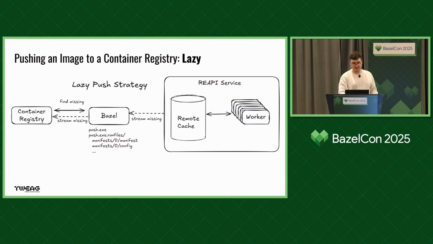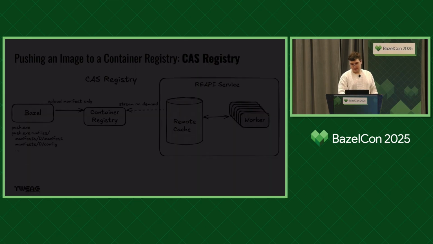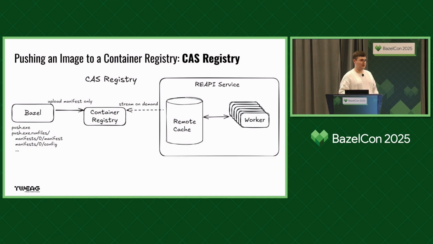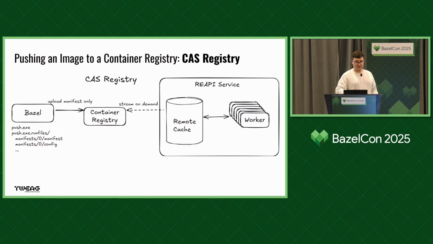But we do have some more strategies. The next strategy that we offer is a completely custom container registry. In this case, you have a similar setup. Your push target doesn't contain any layers in the runfiles. You only have some metadata about the image. And the container registry is now something that we offer as a custom tool in rules_img.